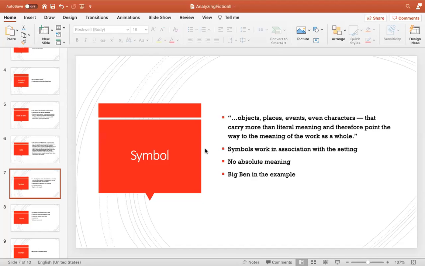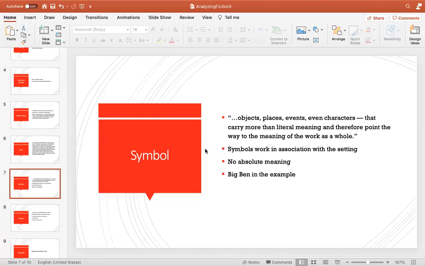Let me also mention along the way that apart from other things that we have just read today and in the previous class, symbol is a very important and vital element which differentiates fiction or literature from other kinds of text.